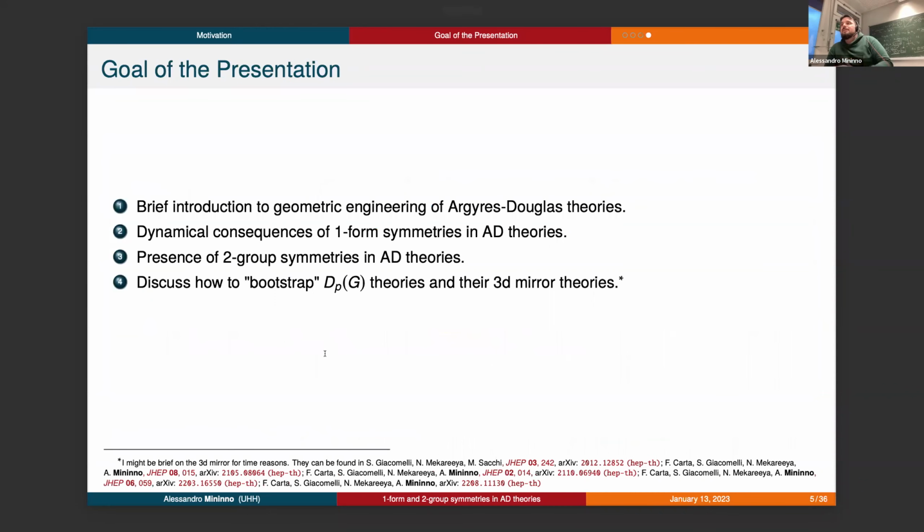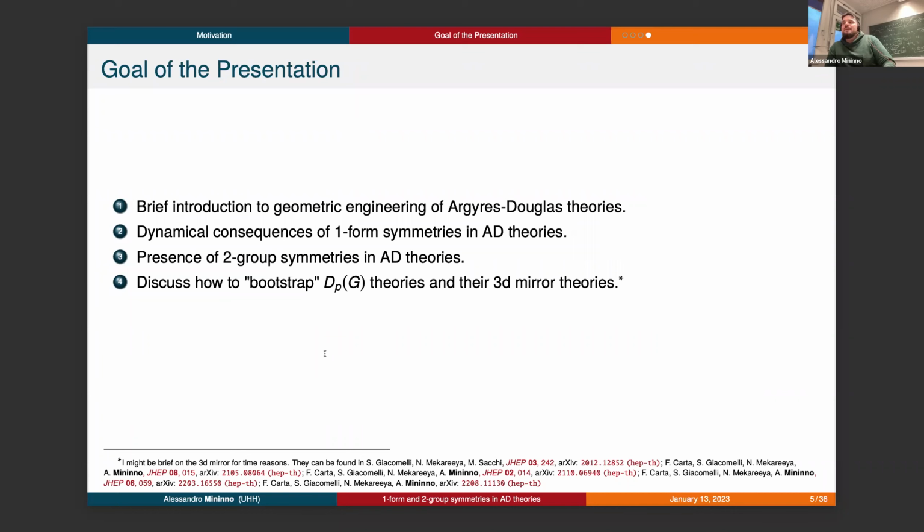So the goal of the presentation is to first give you a brief introduction of what is geometric engineering for Argyres-Douglas theories. Then I will focus on two main points: the dynamical consequences of having one-form symmetries in Argyres-Douglas theory, then the study of the two-group symmetries in Argyres-Douglas theory, and briefly their dynamical consequences.